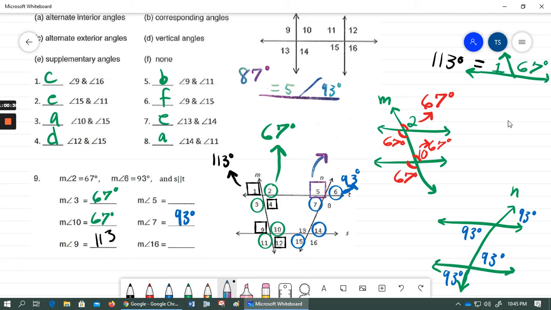Because if they form a straight line, they're supplementary. They add to 180 degrees. So all four of these angles that I got in this purplish square would be 87 degrees. So that includes angle 5.